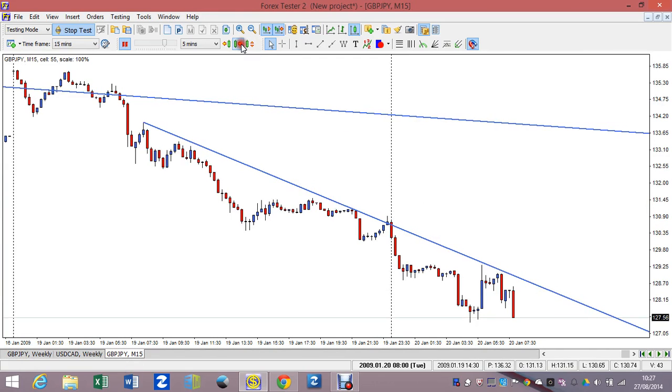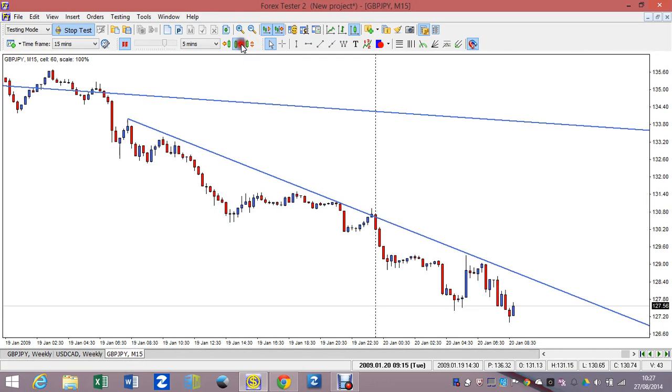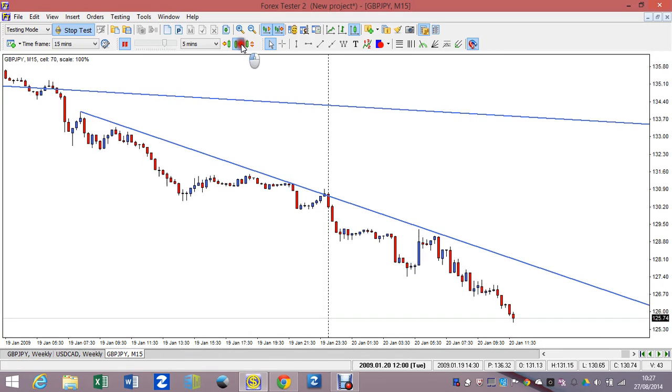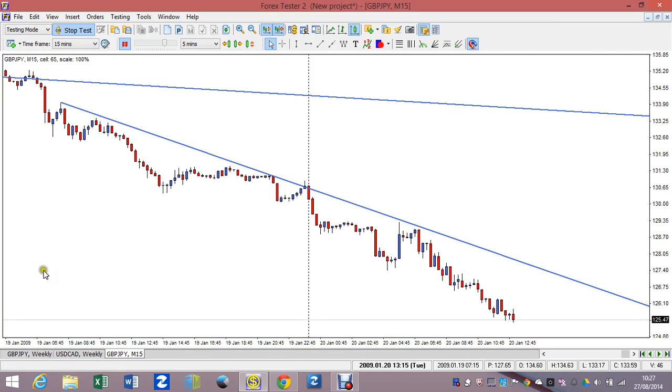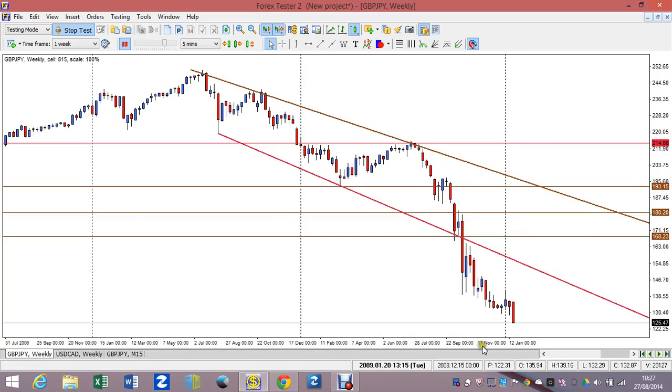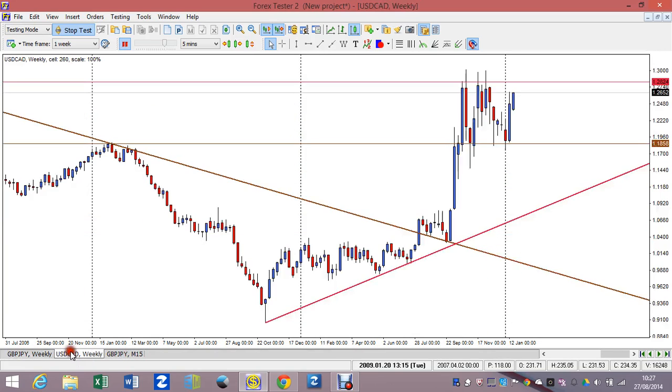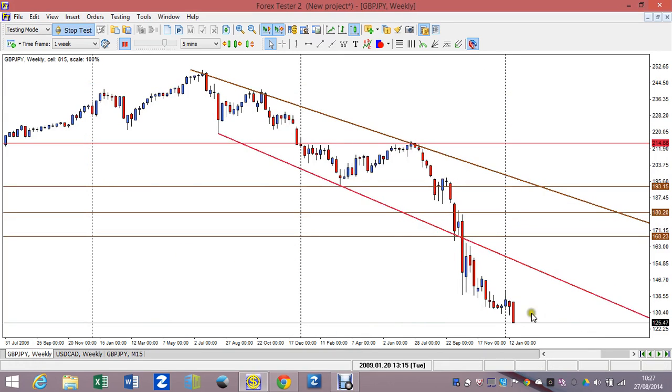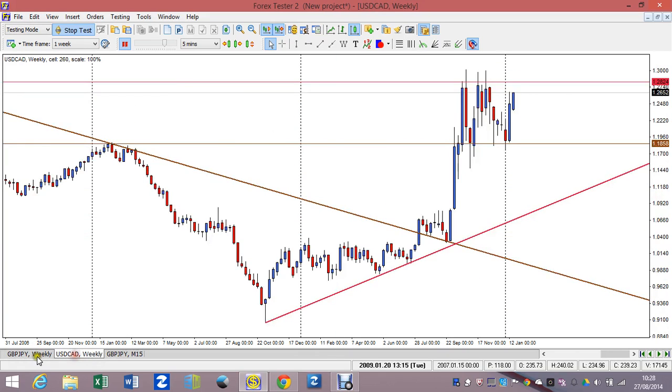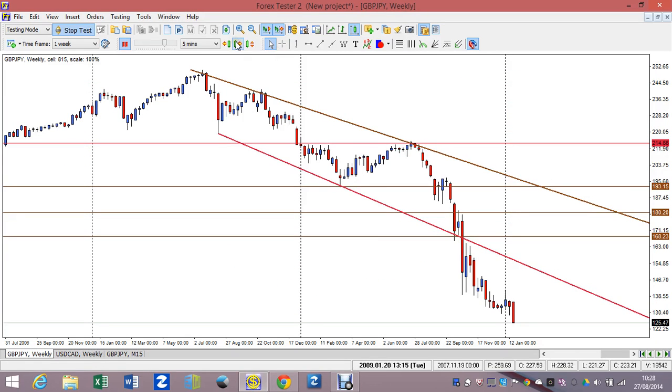The bears don't look as if they're giving up just yet. Another big move there. CAD is looking okay. But if I see this here, I'm not going to continue to trade that for the time being. So we'll go back onto the weekly charts.